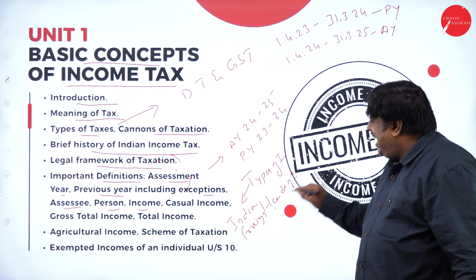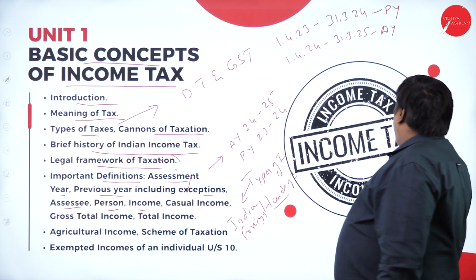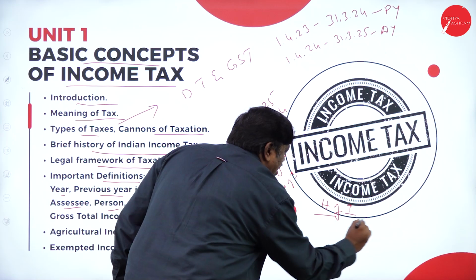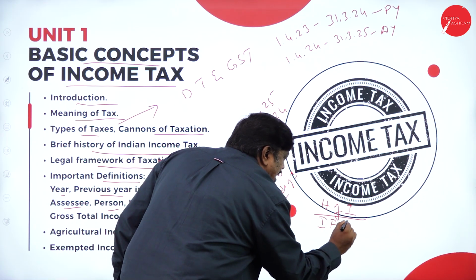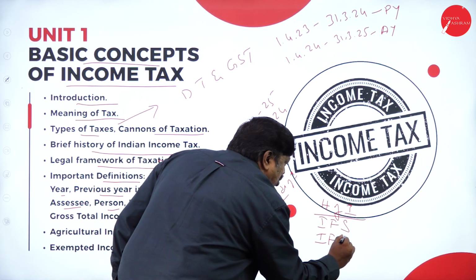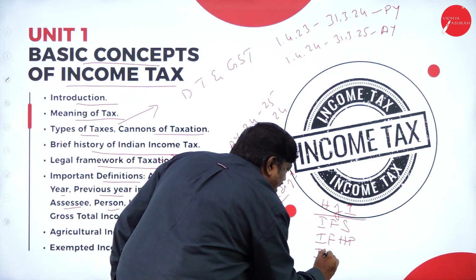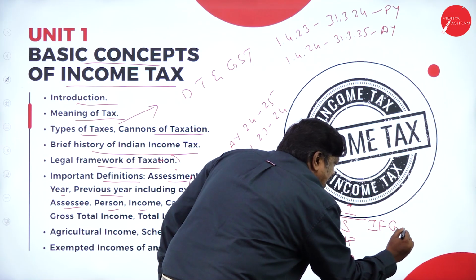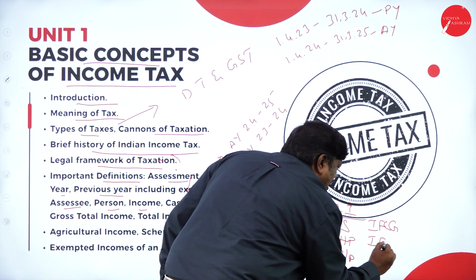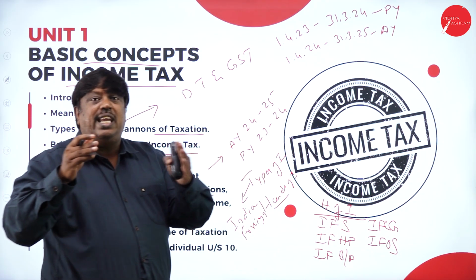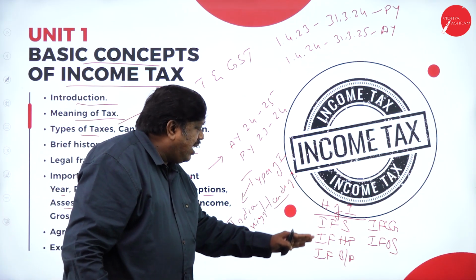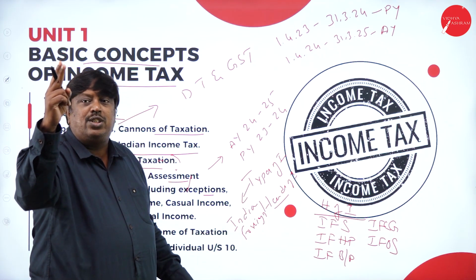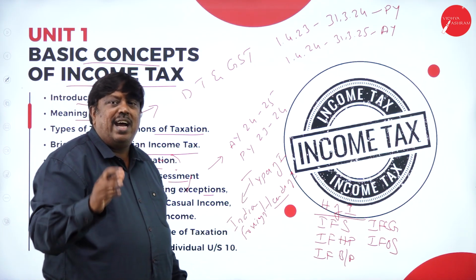If they ask heads, heads of income will be income from salary, income from house property, income from business or profession, income from capital gains, income from other sources.